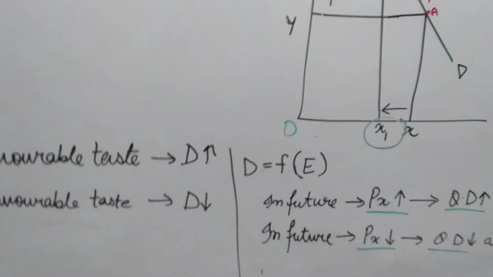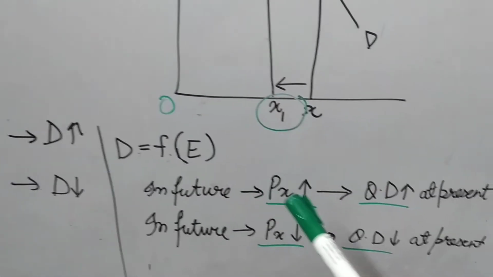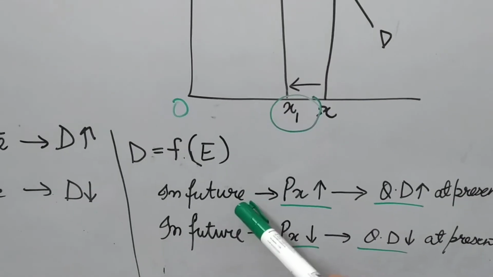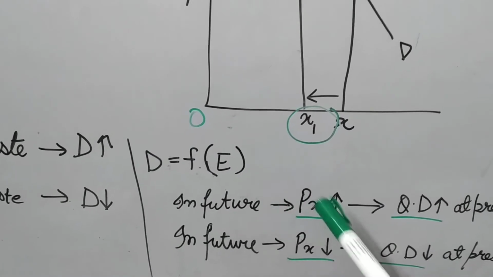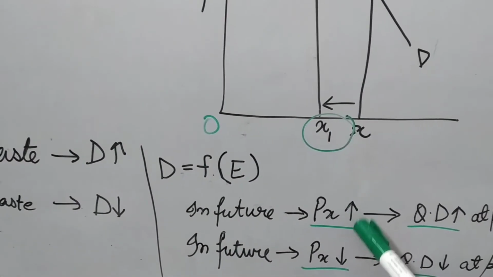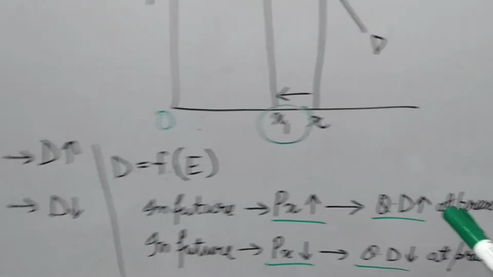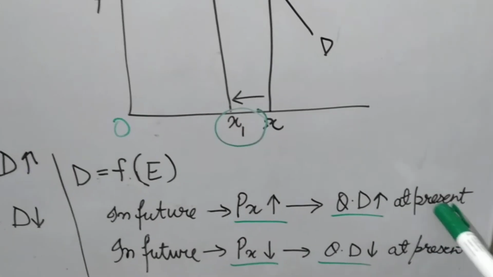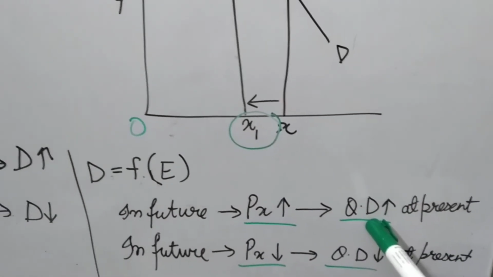Now, demand is a function of future expectation. That means if the consumer expects that in the future the price of the X commodity will increase, then how will he react at present? The consumer will purchase more quantity of that same commodity.